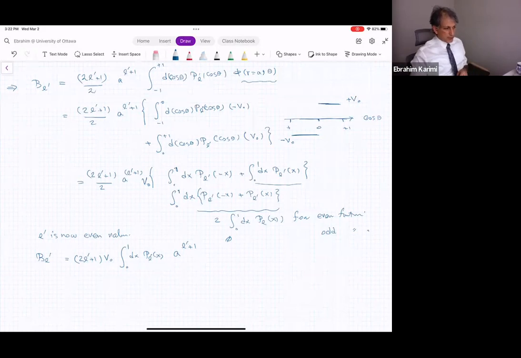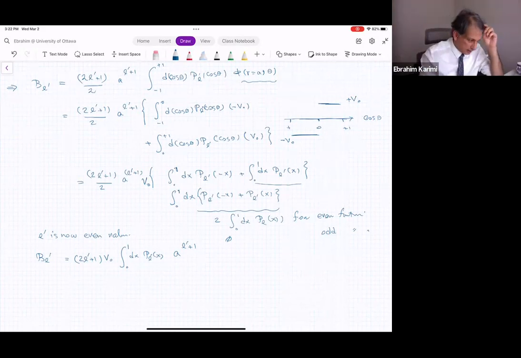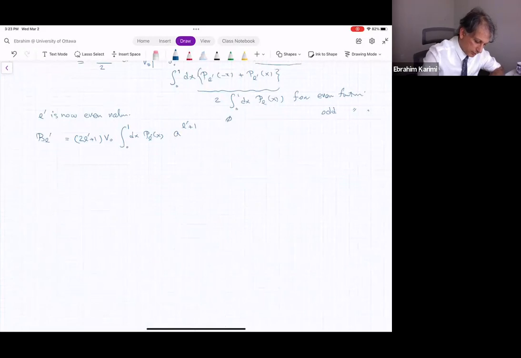So the expression is given, and then you will get the final result essentially, which will be the potential of r, theta, and phi.